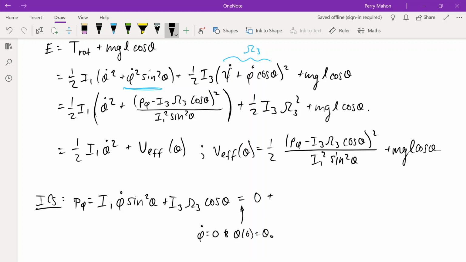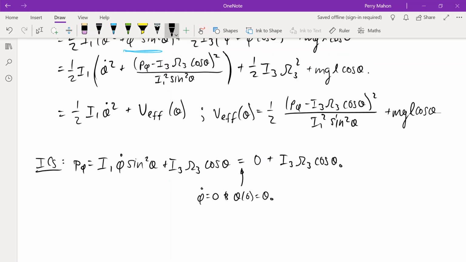We know that since p phi is a constant in time, then the second term, this I3 omega 3 cos theta, will be a constant in time. Therefore we can evaluate it at any time we choose, and we'll choose time 0. So this will just be I3 omega 3 cos theta naught, because at time 0, theta is theta naught.